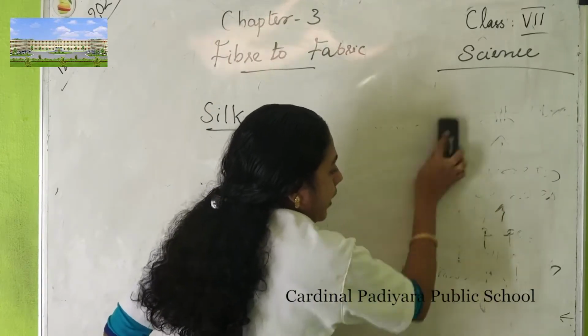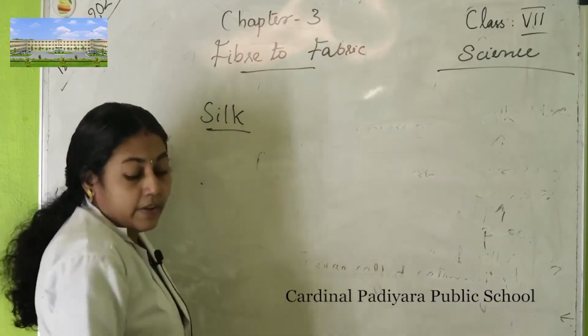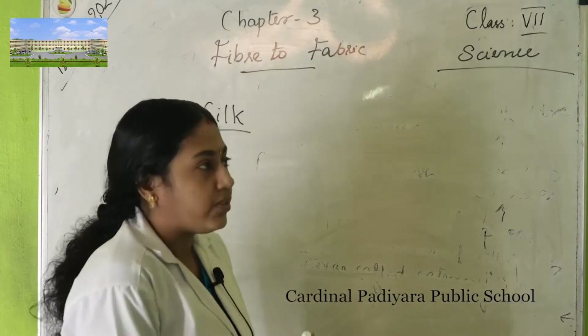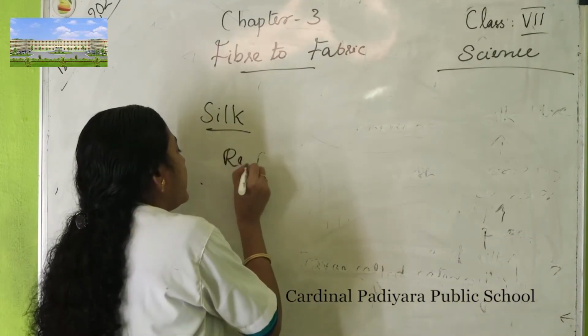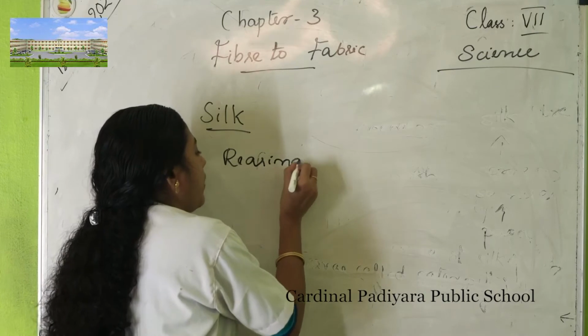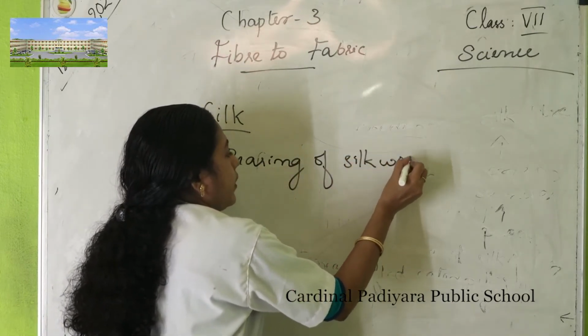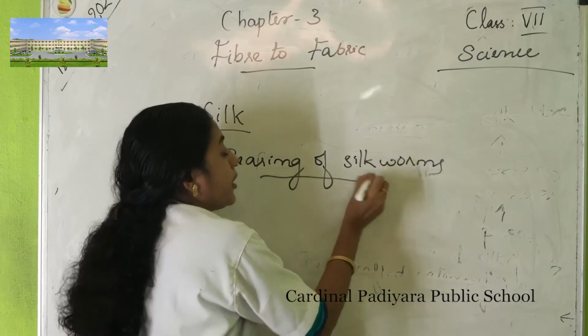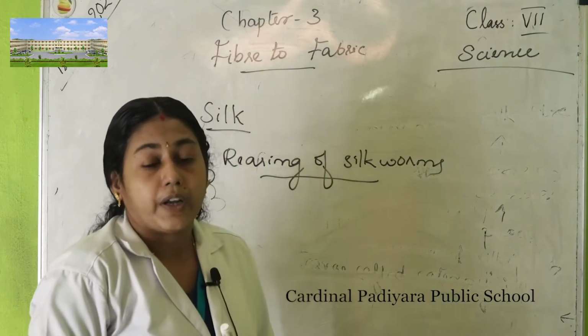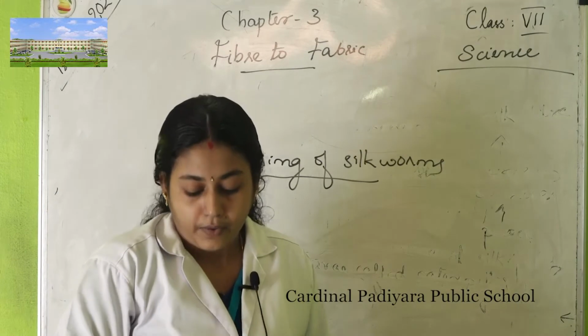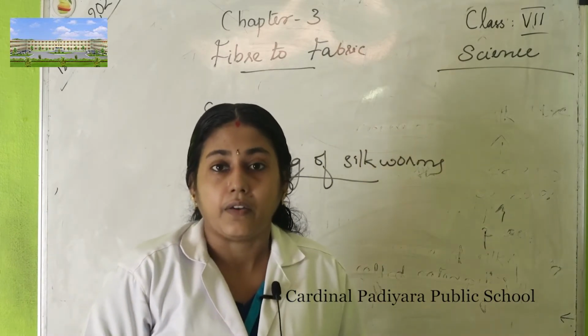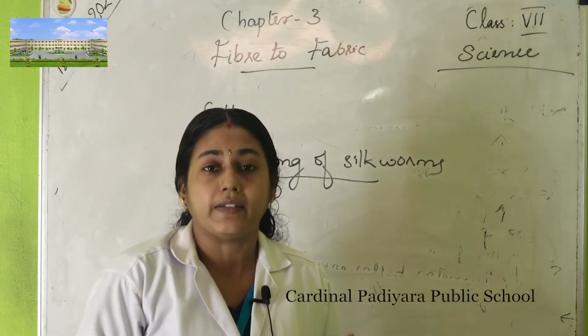We studied what is the life history of the silkworm. Now we have to study how silkworms are reared, rearing of silkworms for the production of silk fiber on a commercial basis.